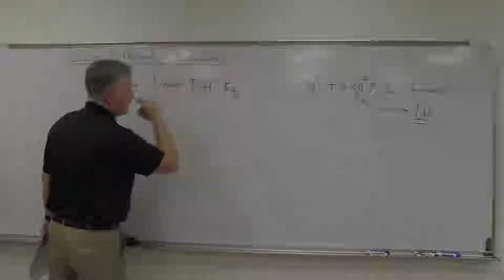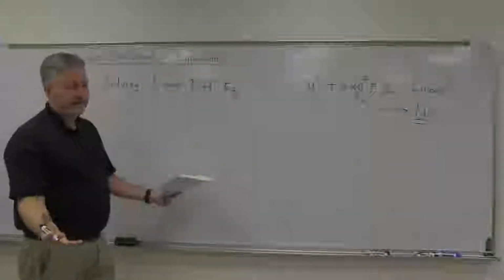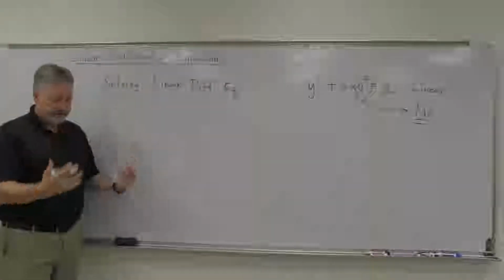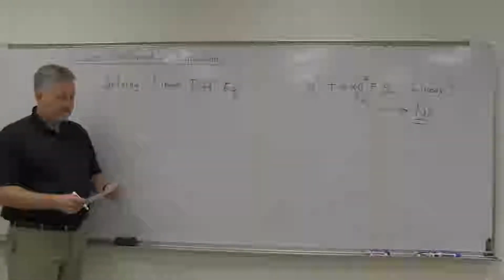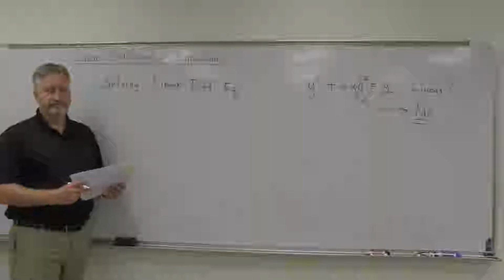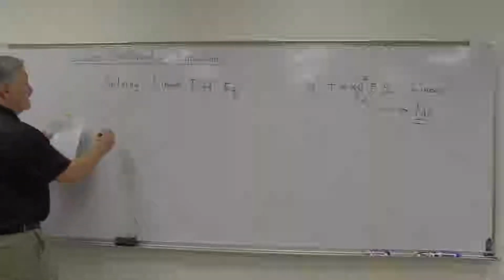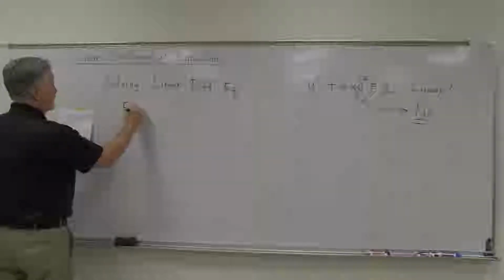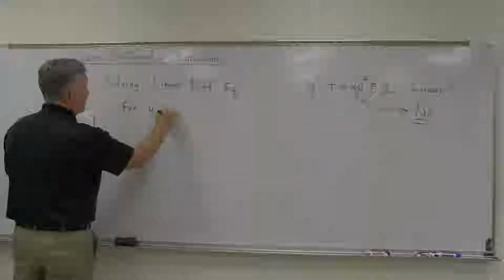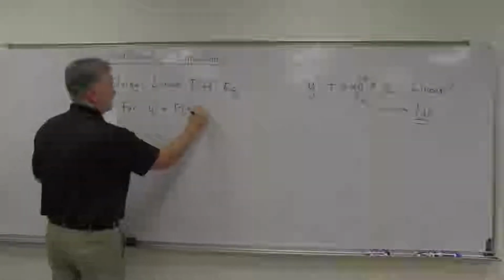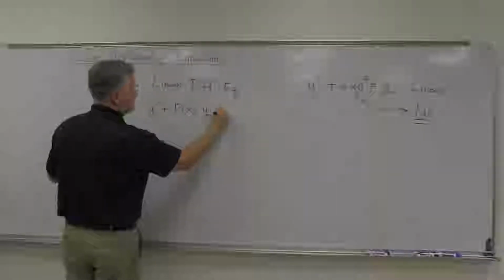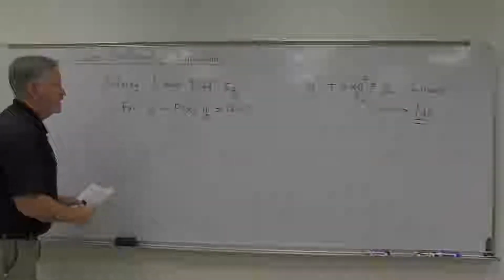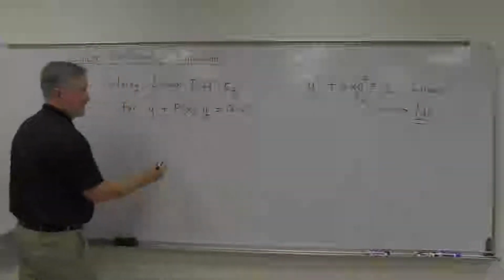Next here. Well, it turns out we're going to need, one way to do it is we're going to use this integrating factor, they call it. So again, for y prime plus p of x times y equals q of x, we're going to need what's called the integrating factor.